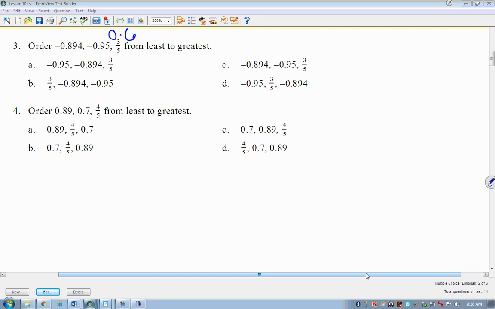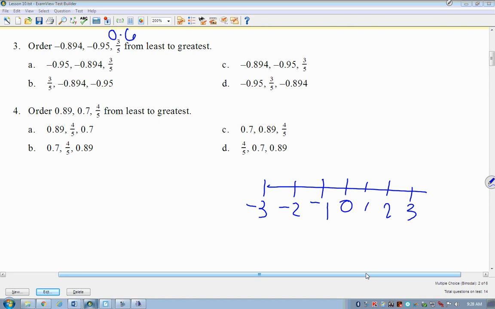The other thing you need to know is, when we're talking about negative numbers and the number with the least value, imagine a number line where we've got 1, 2, 3, and over here we have -1, -2, -3. These numbers are least to greatest from left to right, correct?